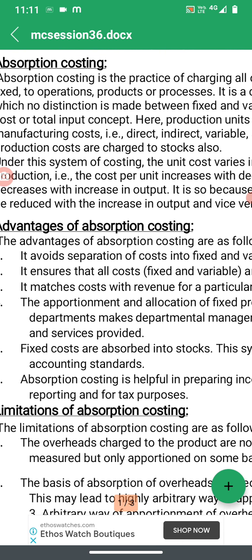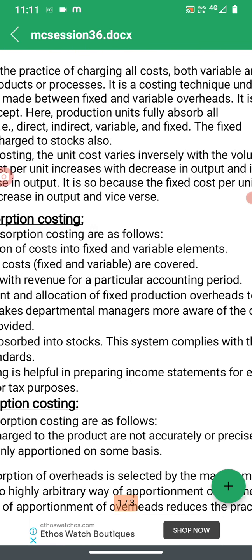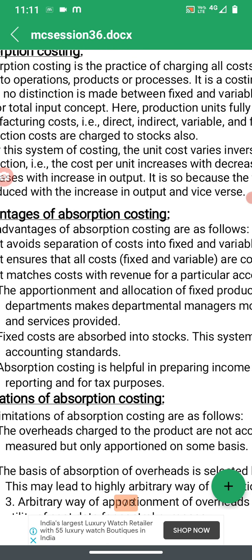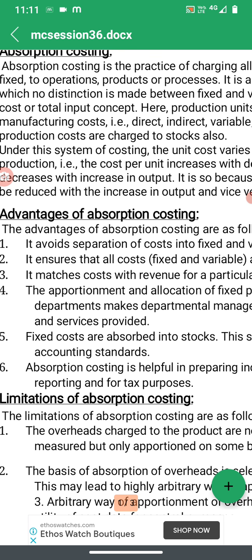It's a system where we take both the costs into account, so we will not leave fixed cost and take only variable cost. And it matches the cost and revenues of a particular accounting period. As this system takes both the fixed as well as variable cost, it will look at the entire cost and then compare that cost with the revenue earned during the particular accounting period.